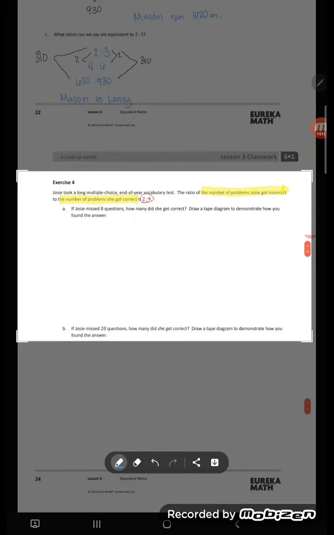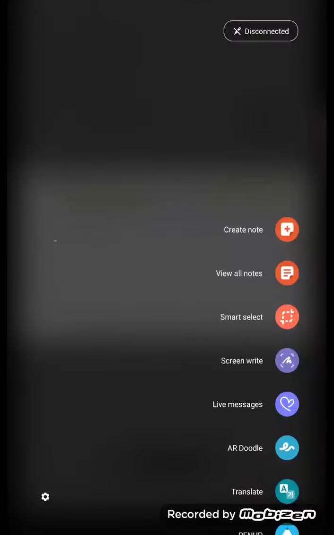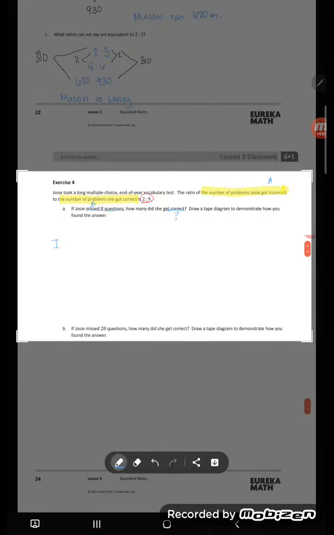So if we look at A, it's asking if Josie missed 8 questions, how many did she get correct? Draw a tape diagram to demonstrate how we did this. So we're going to do the same idea as the first 2 exercises. So I see that we're looking at incorrect A to correct B. I'm going to write I for incorrect, C for correct.